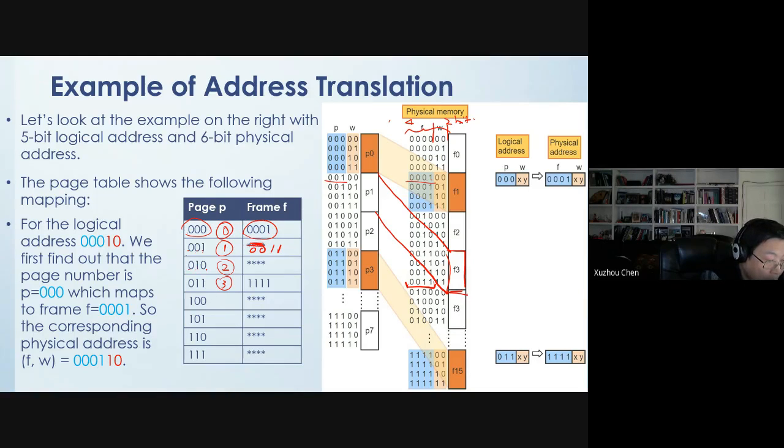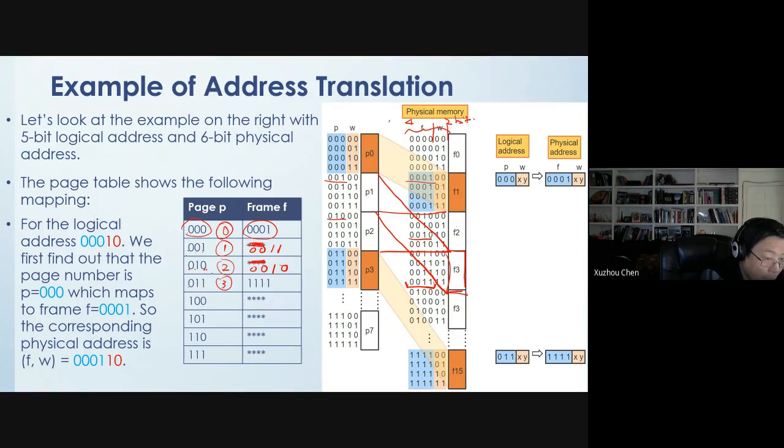So page number 2, 010, maps to frame number 2, which is 0010.